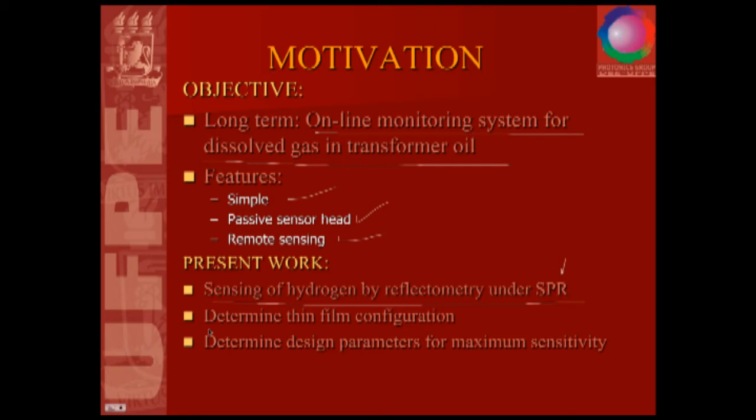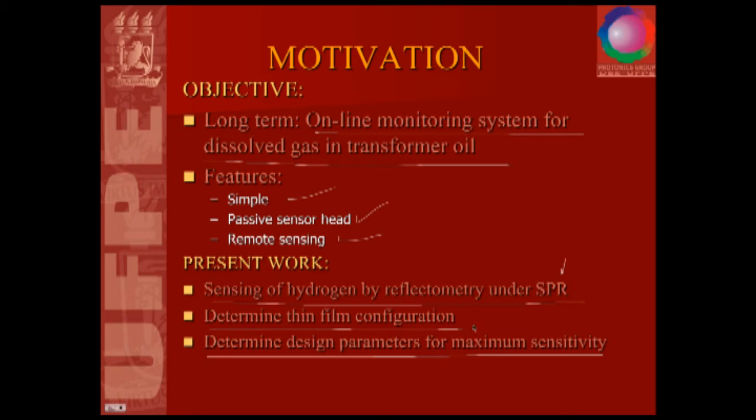Also, our focus is to determine the most adequate thin film configuration. Should we use a single sensitive layer, or a combination of layers to improve sensitivity? And also, once that is accomplished, what are the design parameters for maximum sensitivity?